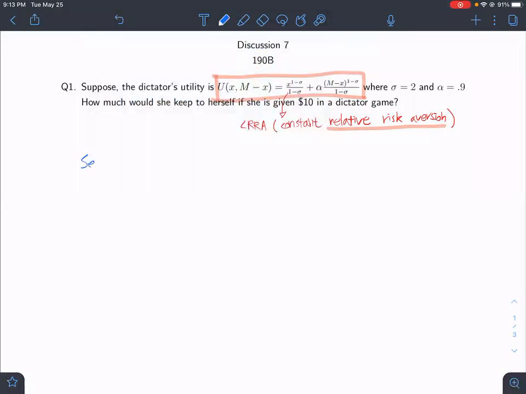So the setting here is, I think everyone would be familiar with what is going on, but let me just remind you what is going on in this question.